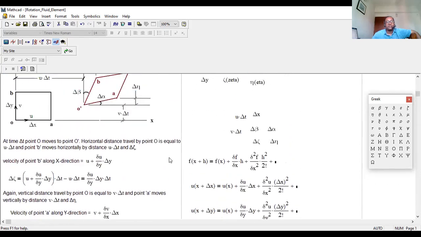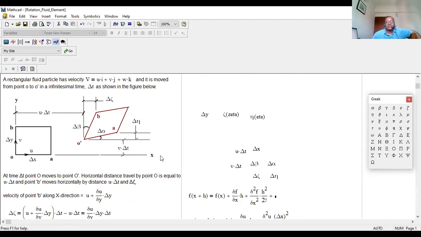This is the x-axis, this is the y-axis, so the rotation is happening along the z-axis. So this rotation will be the angular velocity or angular rotation along the z-axis.